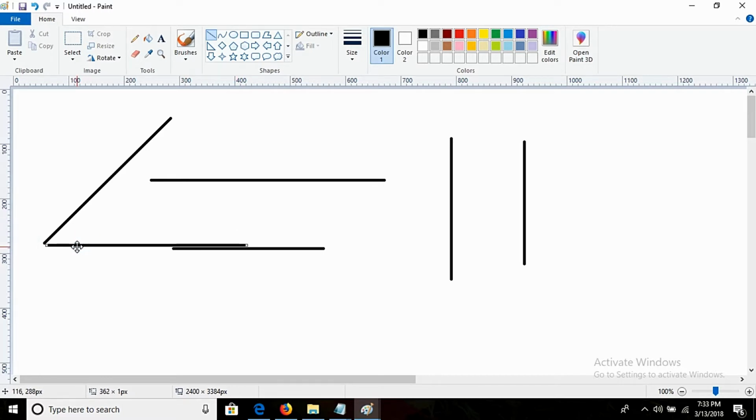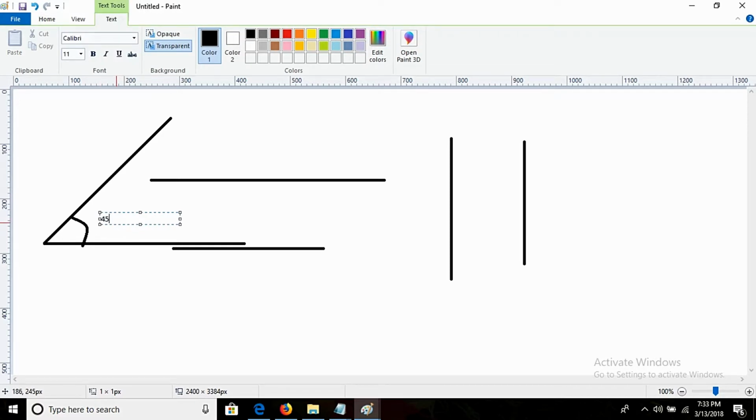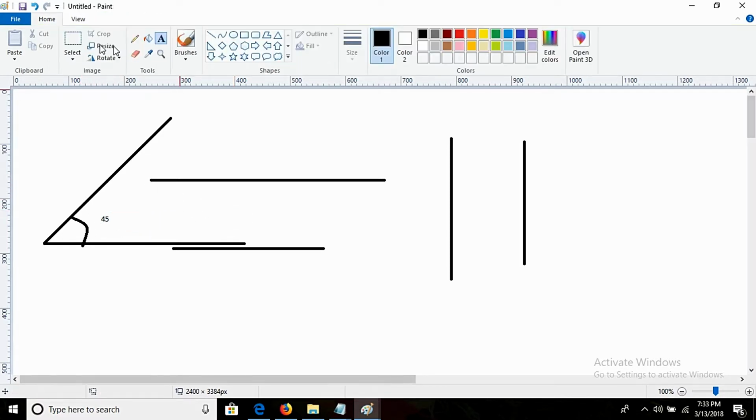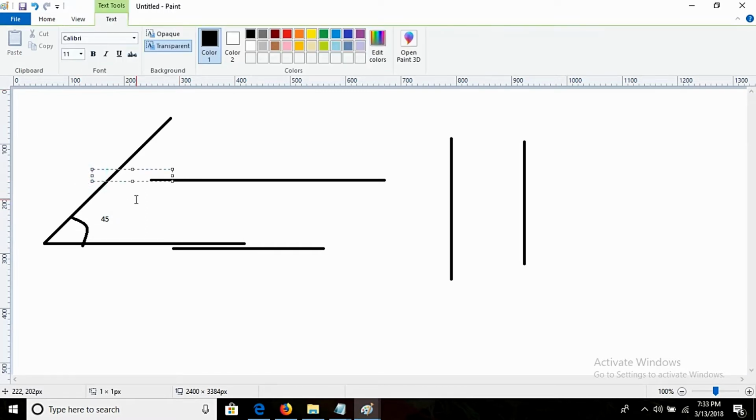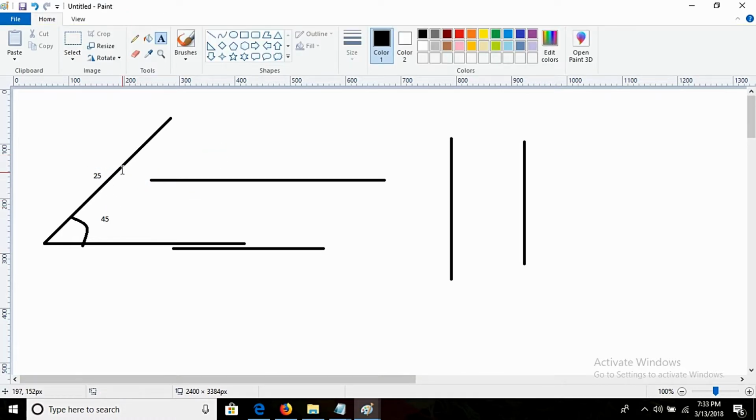Think of this line attached over here, and I want to draw one more line here, and I want to give it an angle. The angle is 45 degrees, and the distance is given as 25. You can observe this line segment has a distance of 25, and this line segment makes 45 degrees to this line. If I want to draw this cross line, I can easily draw it with the distance and angle.